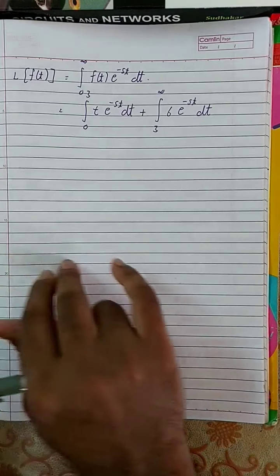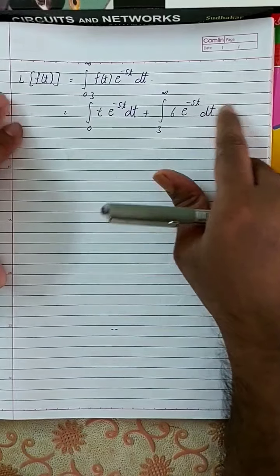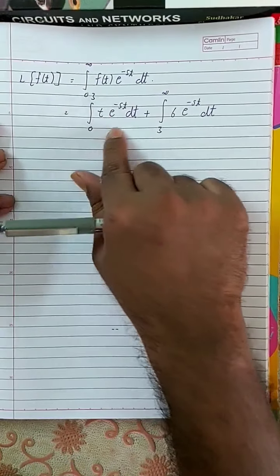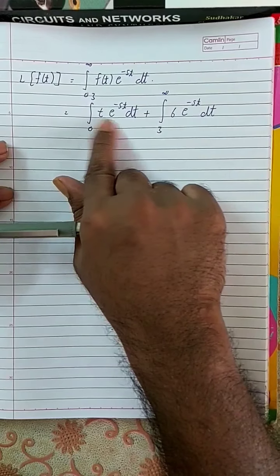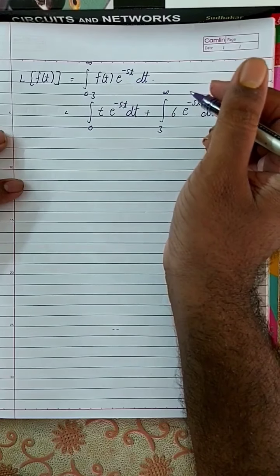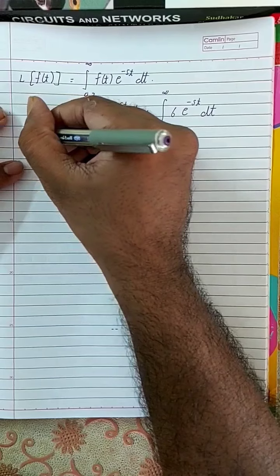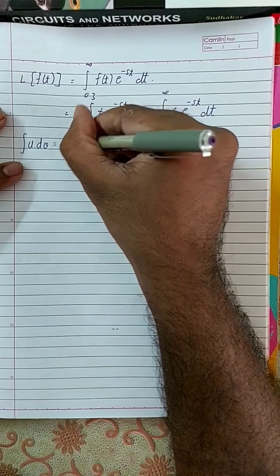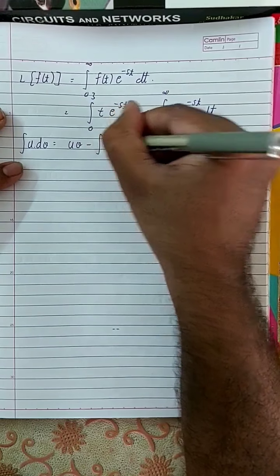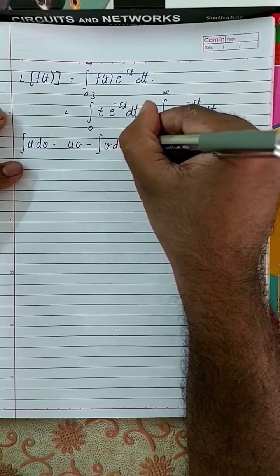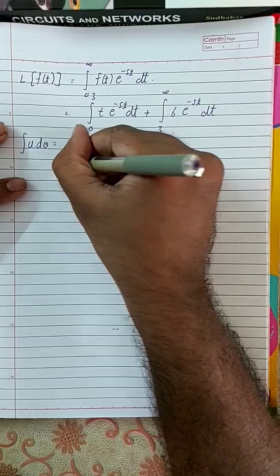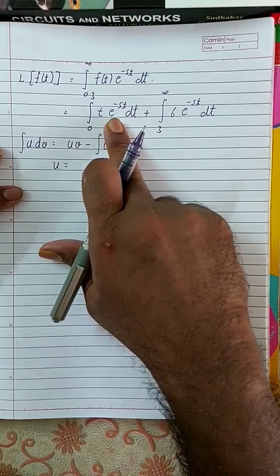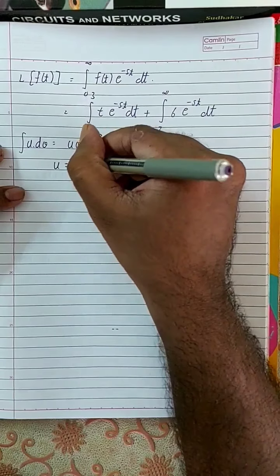And also we need to find the Laplace transform of this function, right? So let's find the Laplace transform. In this case, the only way of finding it is by writing the equation. We know that integral u dv is equal to uv minus integral v du. Here, let's choose u to be t.